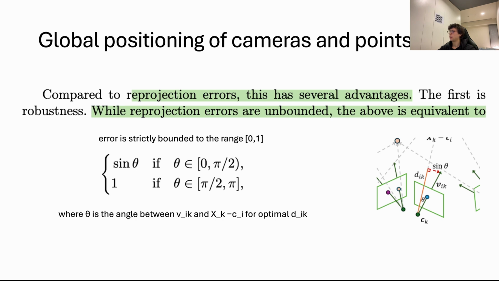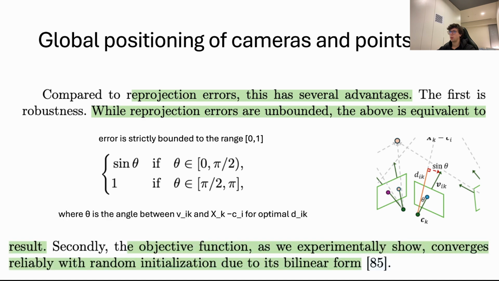And yes, the sigma is basically the distance between the two vectors, so the angle between the two vectors. And so this is one of the advantages of this reprojection error that they use.